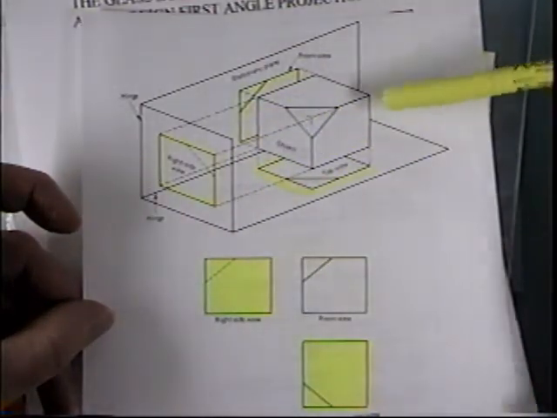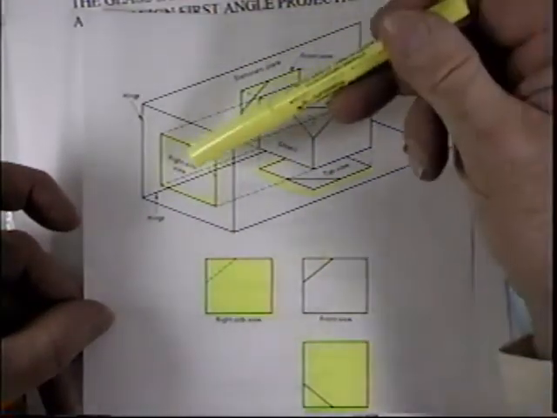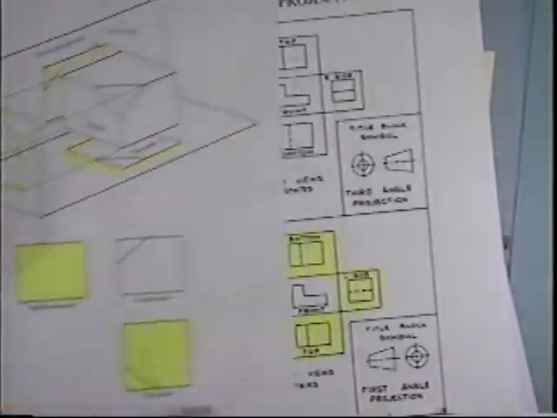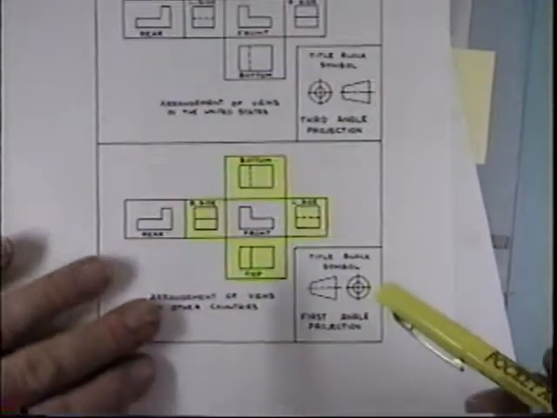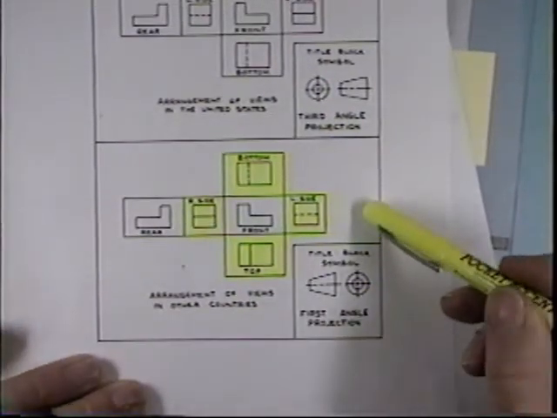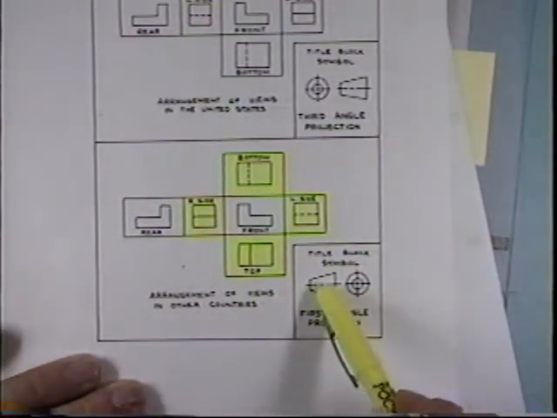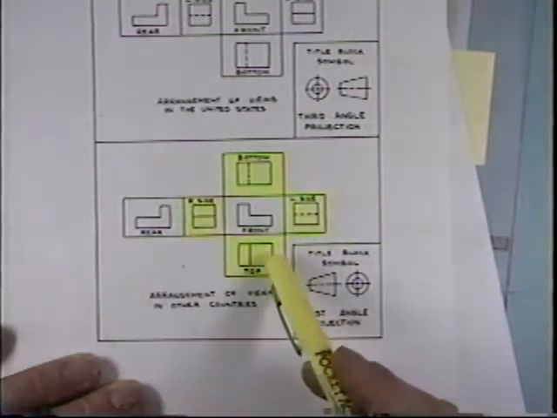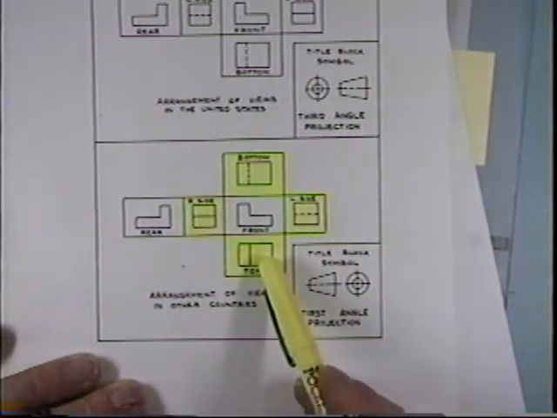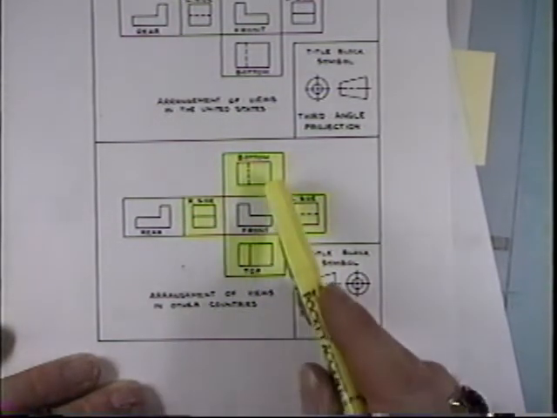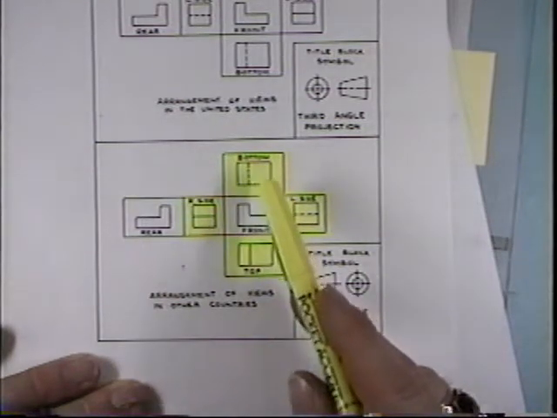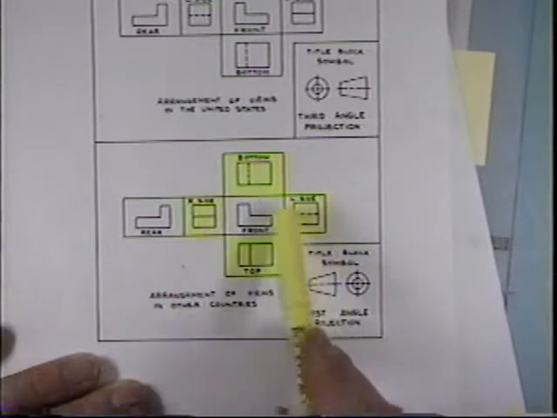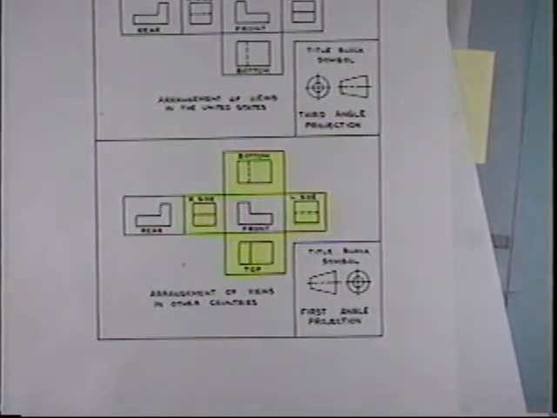And then our right side over here becomes the left side, and therefore we get an arrangement a little bit different than we might anticipate with first angle projection or foreign projection. We put the cone first, the concentric circle second, and these four views are the four that would be changed or moved. The bottom was originally the top, this was originally the bottom, and the left and right sides both change.